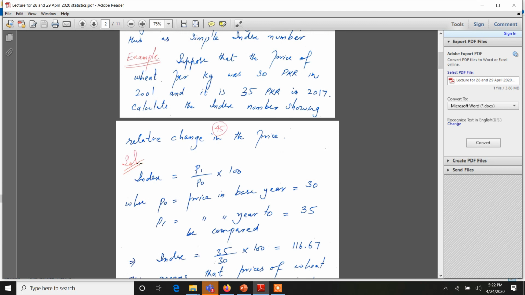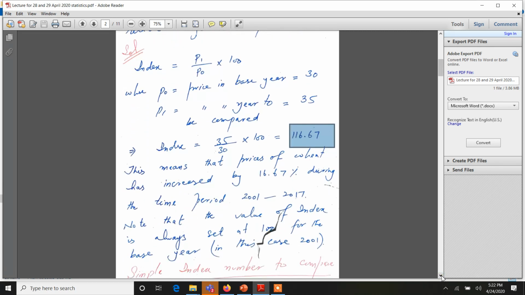A simple index number is calculated by dividing the new price, which we call P1, by the base year price. That is, you divide 35 by 30 into 100 and you get an index number of 116.67. So what's the interpretation? There is approximately a 17%, or in exact terms a 16.67%, increase in the price from the year 2001 to 2017, right?